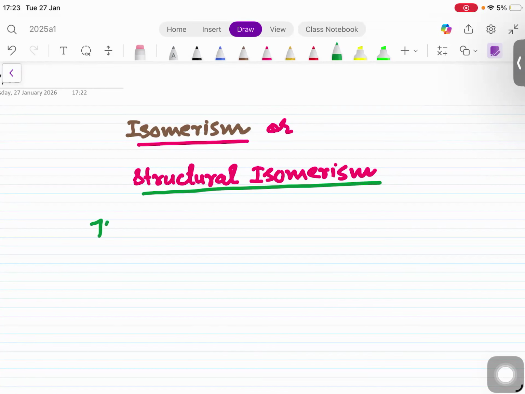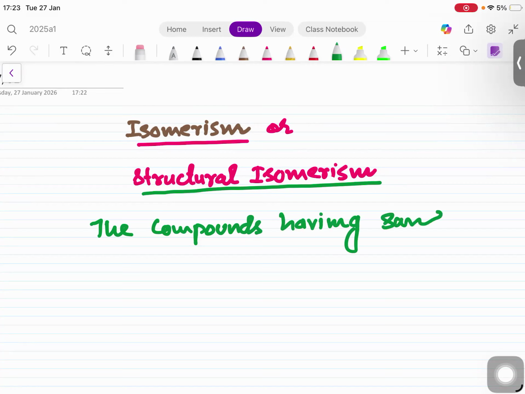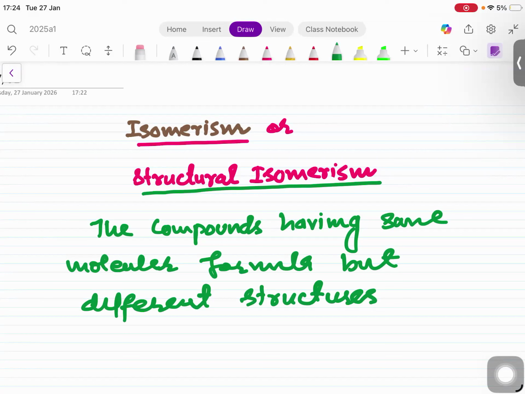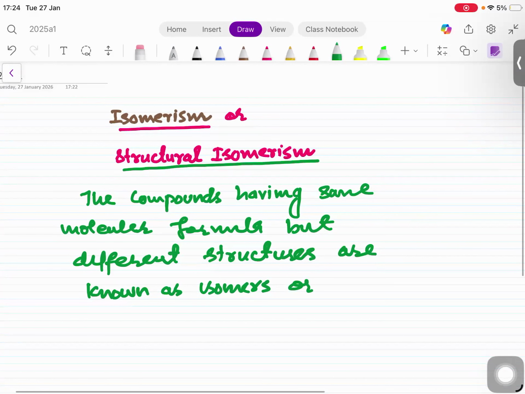The compounds having the same molecular formula but different structures are known as isomers or structural isomers.